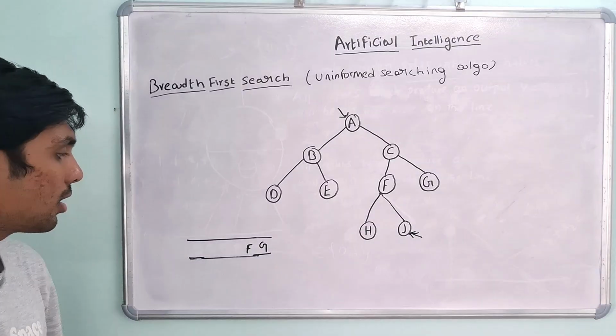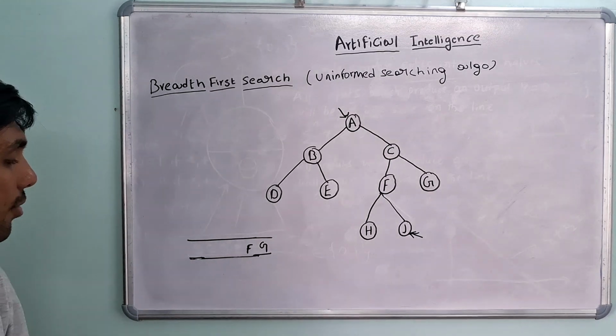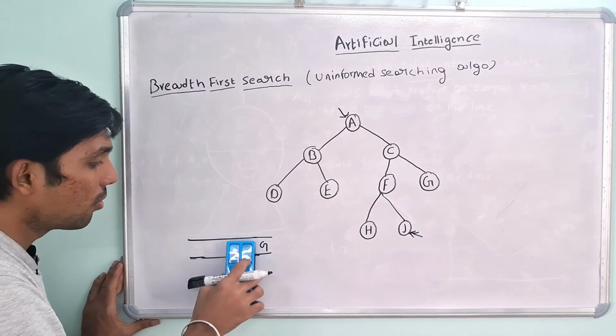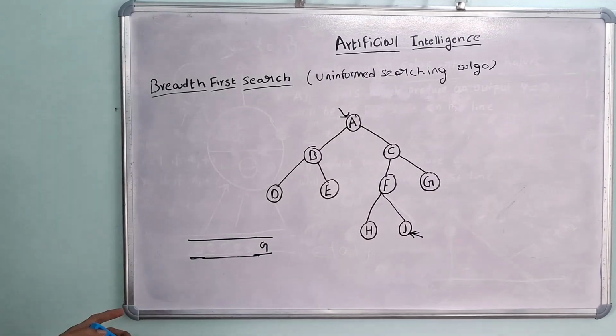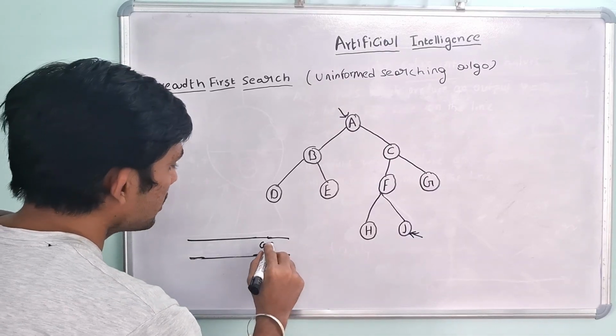The algorithm then checks the next element in the queue, which is F. It will explore F, and as we can see, F is not the goal node. It simply dequeues F and inserts its children into the queue, which are H and J.